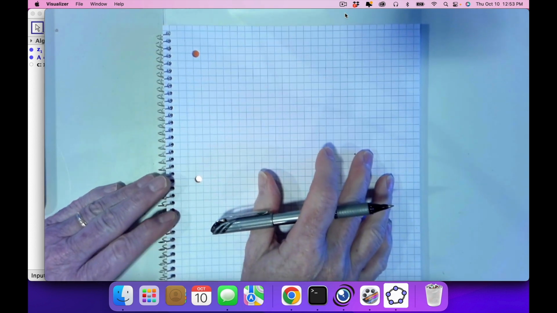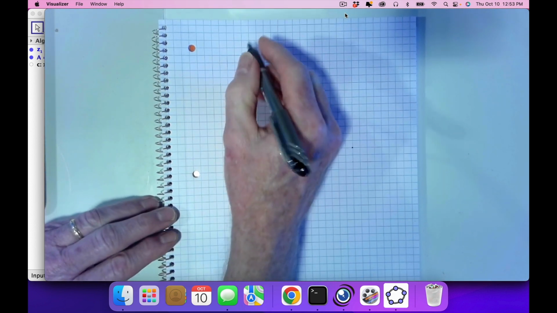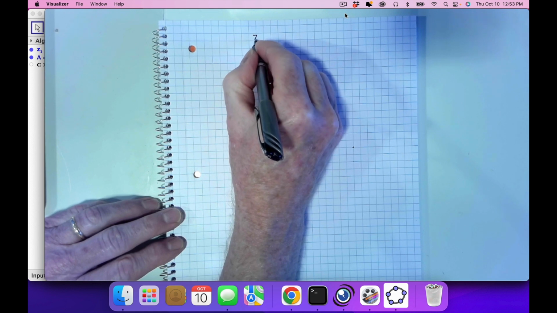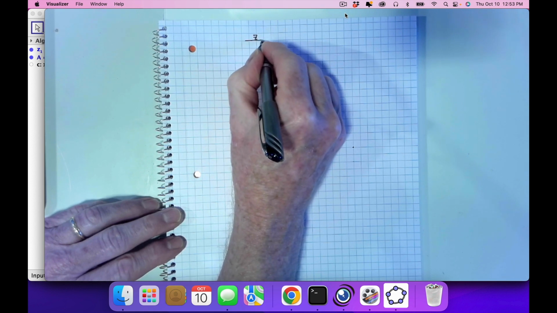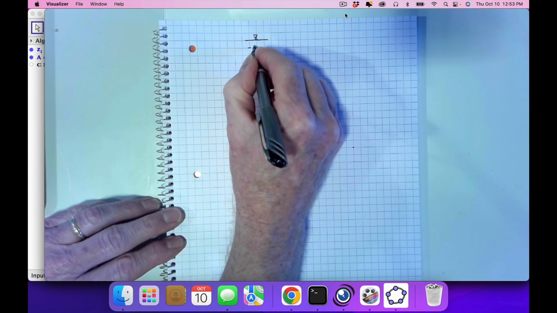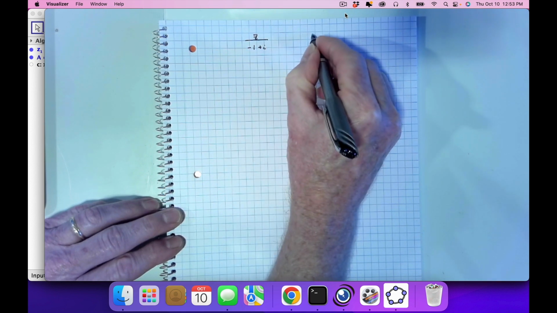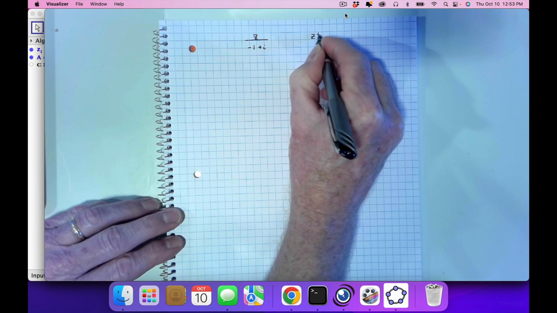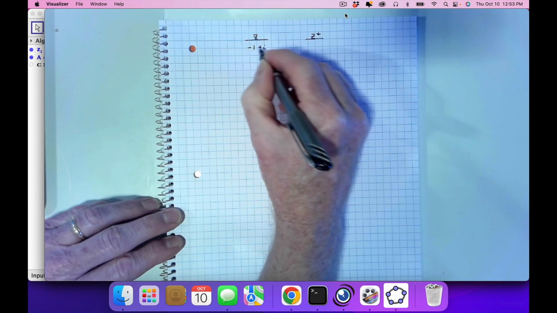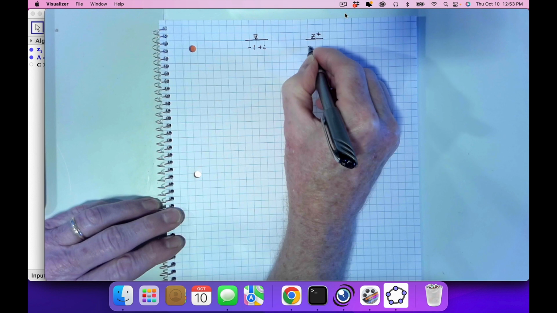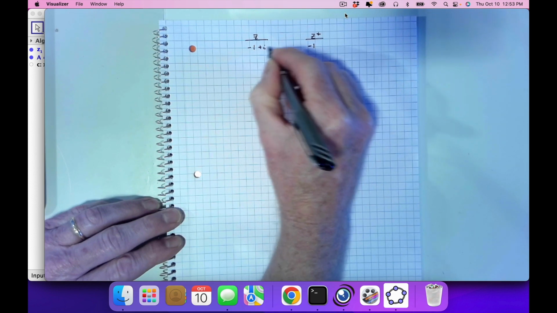Looking at some other examples of computing complex conjugates, we'll make this little table here. If z is -1 plus i, the complex conjugate is, you don't change the real part, but whatever you see here, you take the negative of.